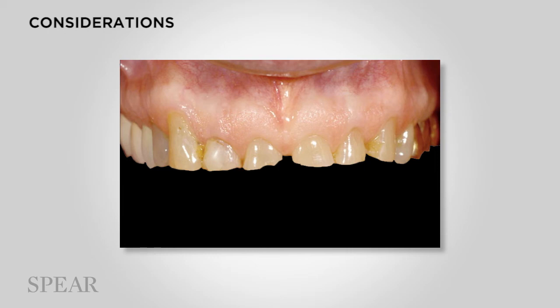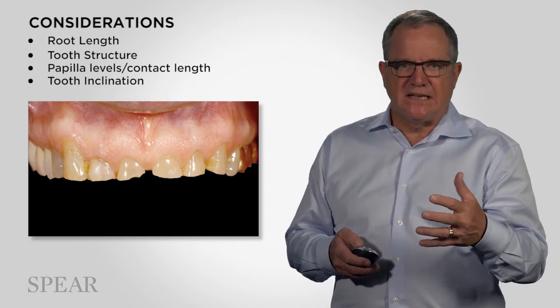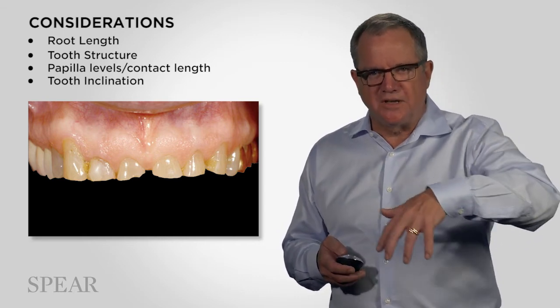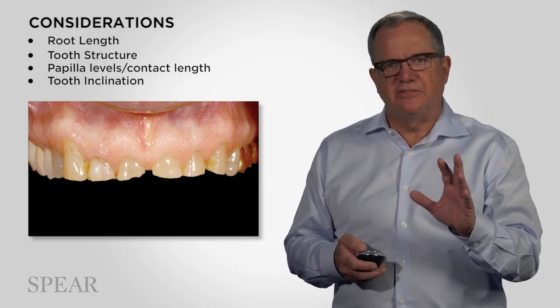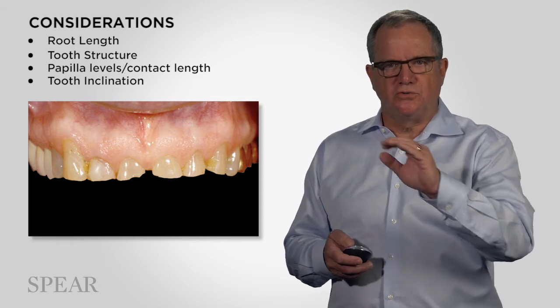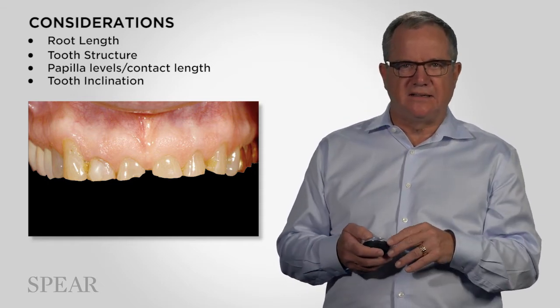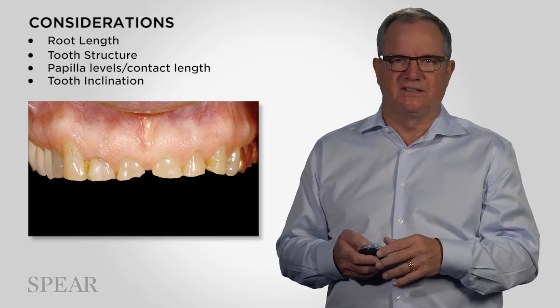And finally, the tooth inclination. They're nice. They're not proclined. They're not retroclined. So this is not a case where you need the ortho to be able to correct the position of the teeth. What you're really left in this case with is he could do intrusion or he could do crown lengthening, but how are you going to restore the front teeth?